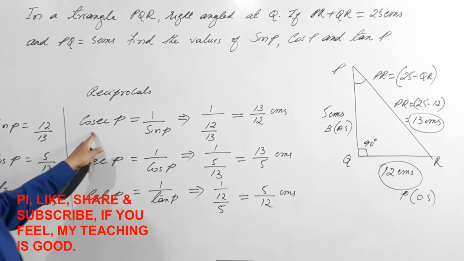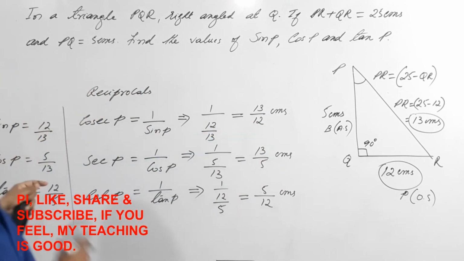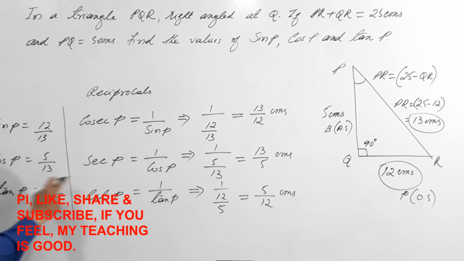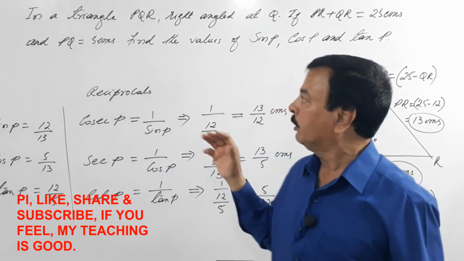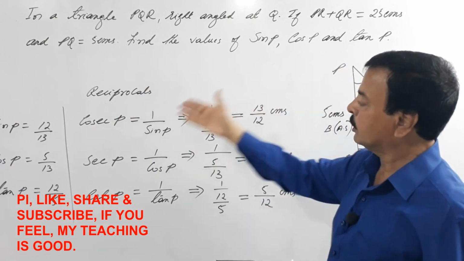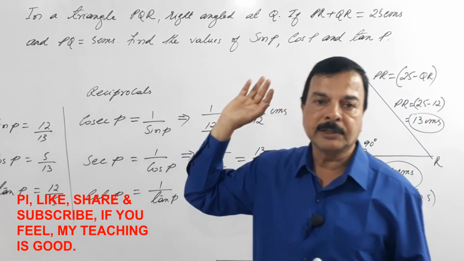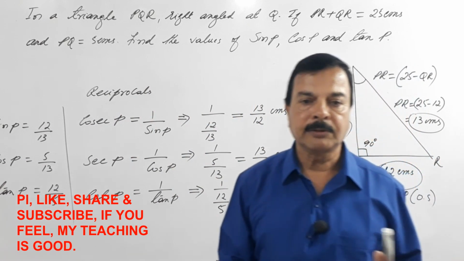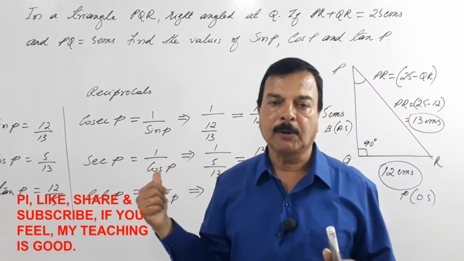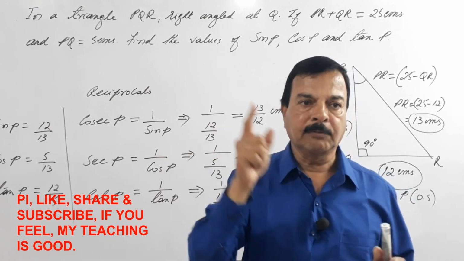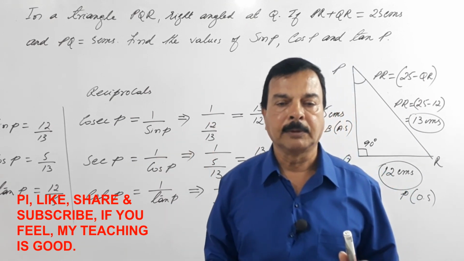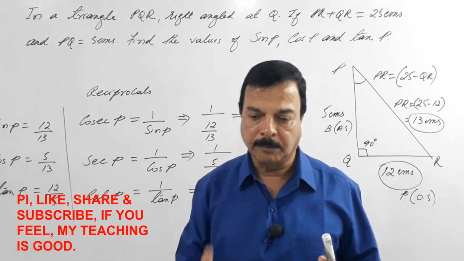So cosecant would have been 13 by 12, secant 13 by 5 and cot 5 by 12. In the event they ask you sin P into cos P, just multiply these fractions. Simple. So dear students, we have finished this very important problem. If I were the examiner, I would have given this problem for you. Very simple problem. Okay students, we'll go for next problem.